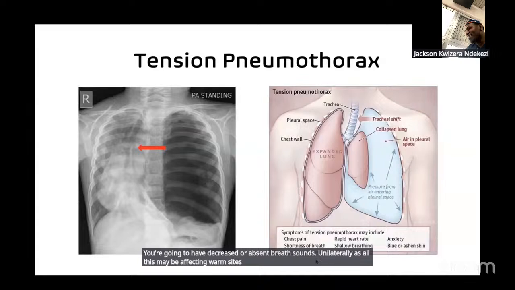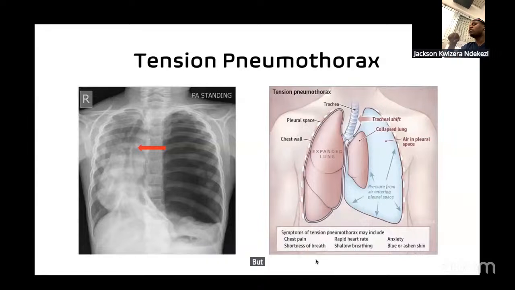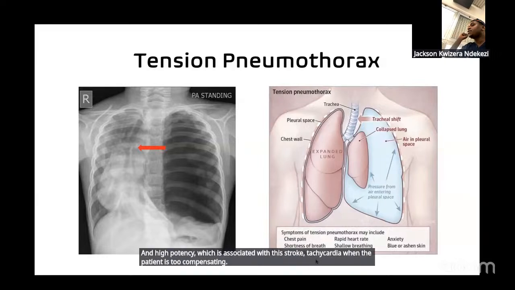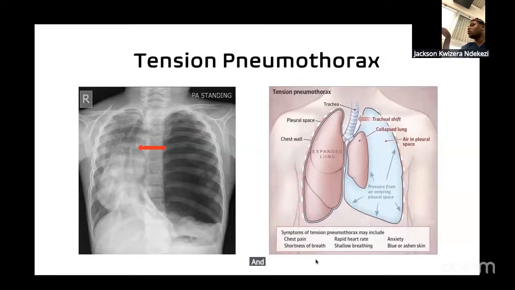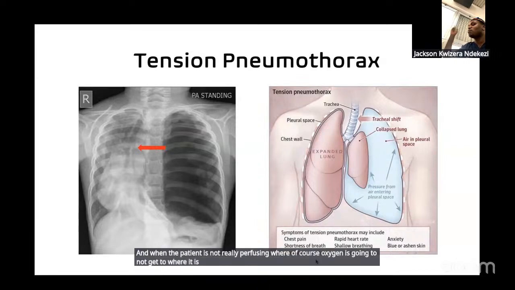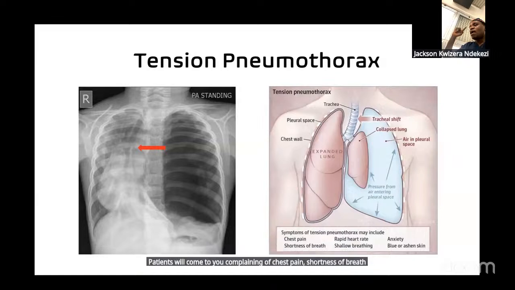I've never seen so far in my career a bilateral pneumothorax, but you may also have tracheal deviation towards the normal side and hypotension, which is associated with this shock, tachycardia when the patient is still compensating, and when the patient is not really perfusing, where of course oxygen is not going to get to where it is needed, the patient may have cyanosis.